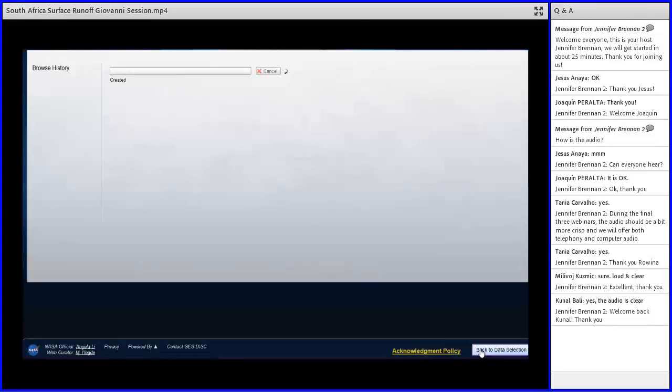You can see the region. And one thing that Giovanni does is you can see the progress that's going on as it does its analysis.